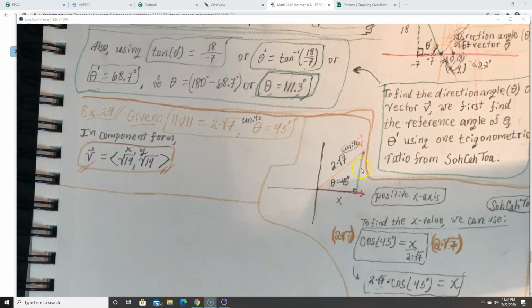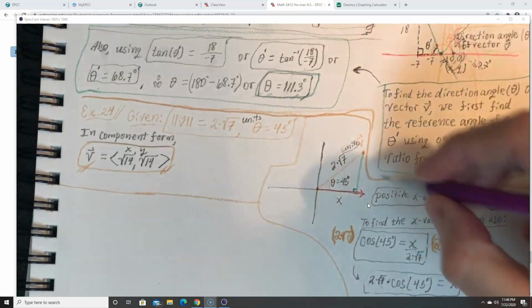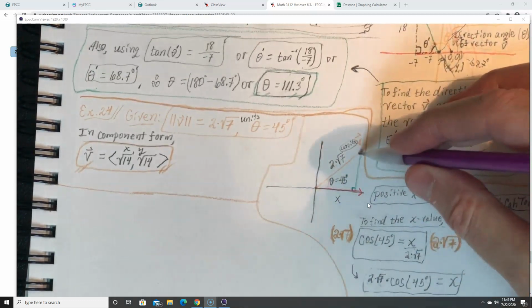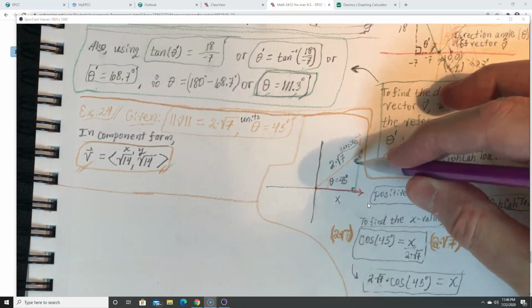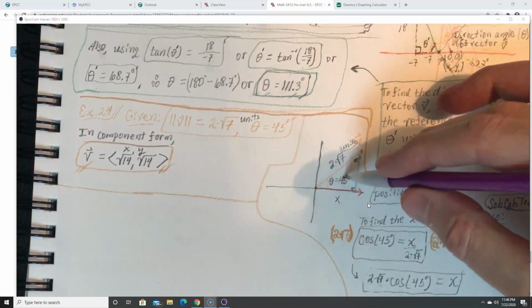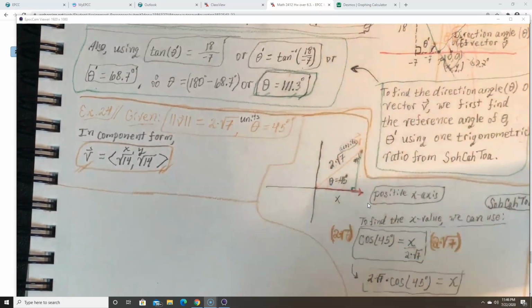They have to be the same number because, as I already mentioned, this is a 45, 45, 90 right triangle, which means the two 45 angles, the opposite sides have to be the same.